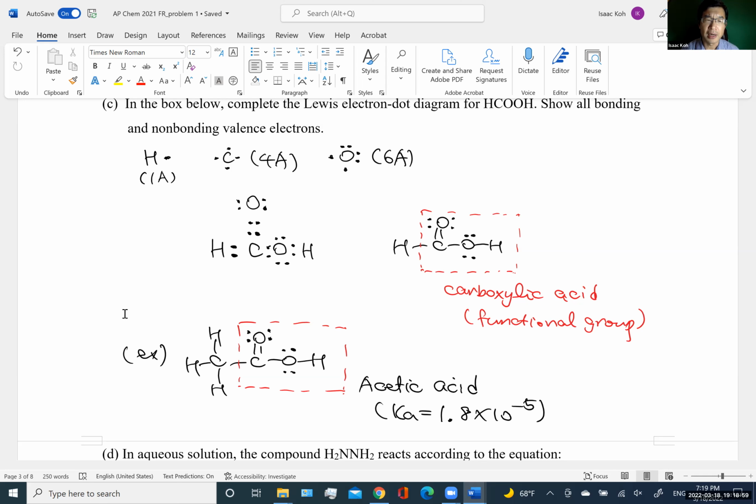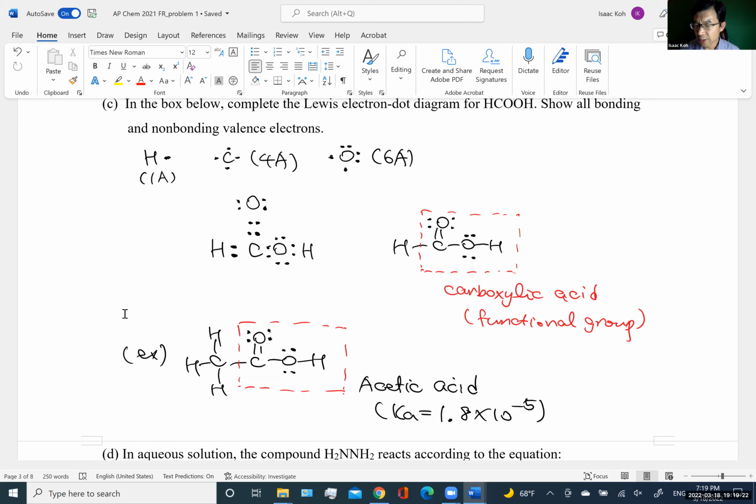Many of the biomolecules also have this carboxylic acid. So let's get familiar. I wrote the Ka value for acetic acid, 1.8 times 10 to the negative 5. This is a weaker acid. When you compare the relative strength of acidity, this is a weaker acid than methanoic acid, by about tenfold.